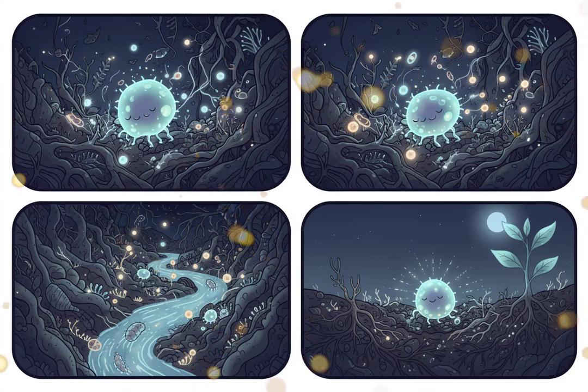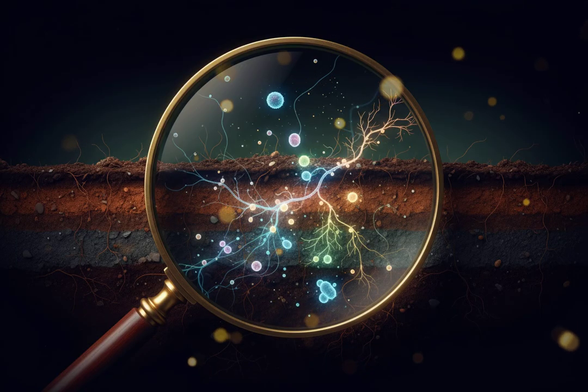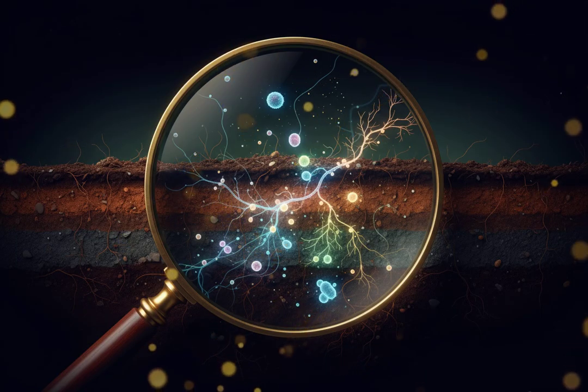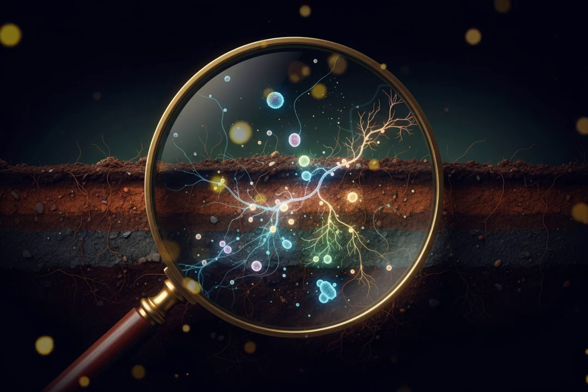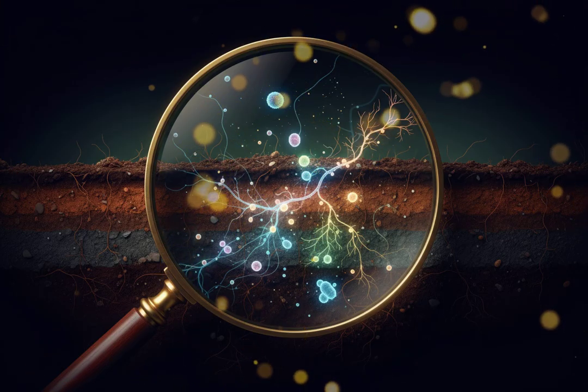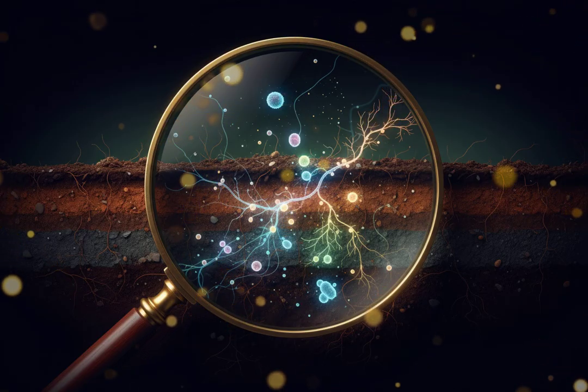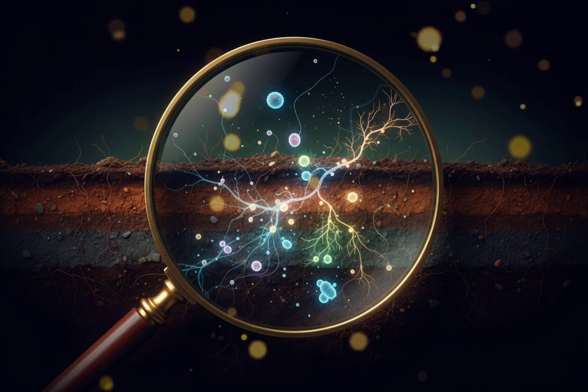As we move forward, let us embrace the potential of soil microbes in our fight against climate change. Each small step we take toward nurturing healthy soils can have profound implications for our planet's future. By recognizing the vital role that microbes play in carbon cycling, we can cultivate a deeper appreciation for the interconnectedness of life and the earth.